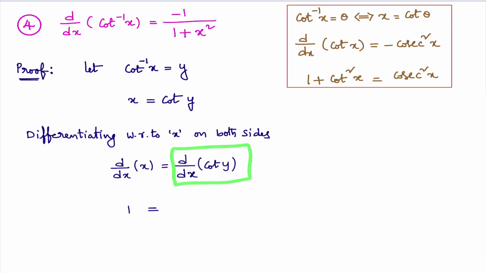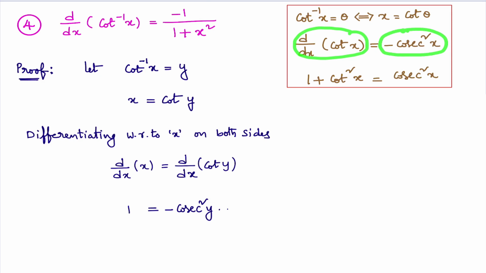Now, d by dx of cot y. How to differentiate this? D by dx means I am differentiating with respect to x. The given function cot y is in terms of y, and we are differentiating with respect to x. As these two are different, how to write its answer? As you know, derivative of cot x is minus cosecant square x.